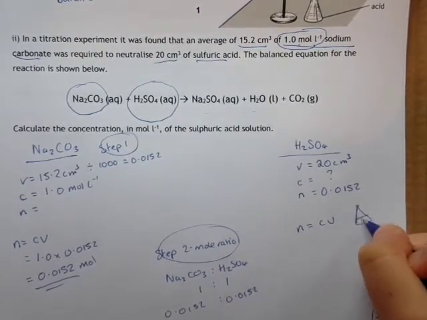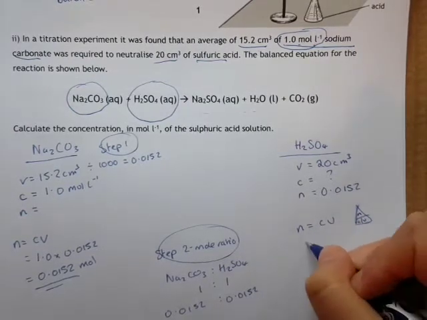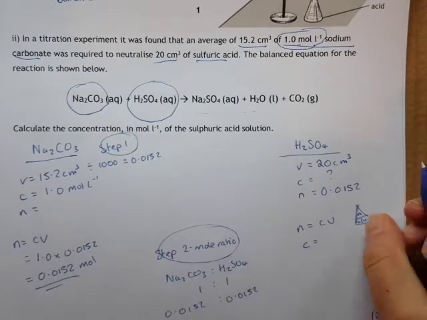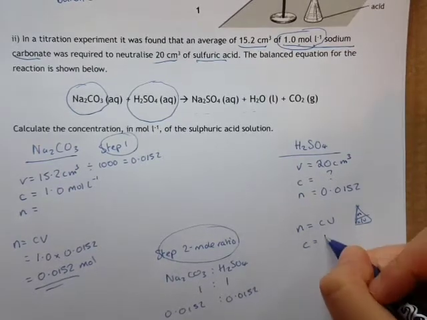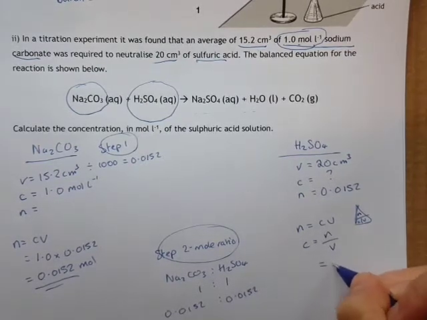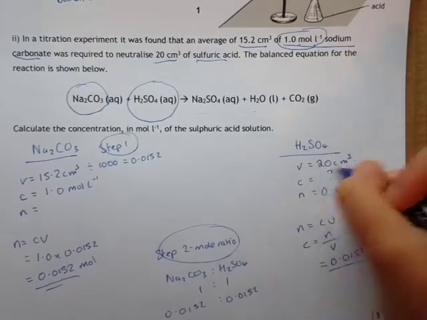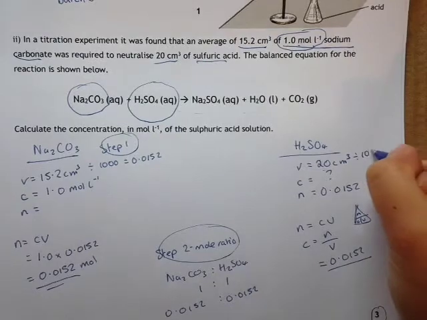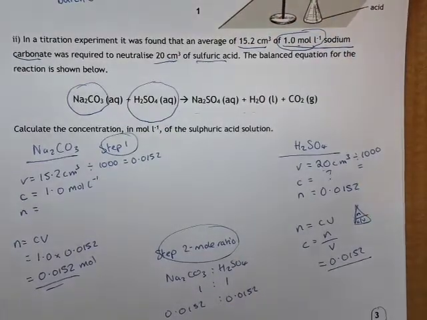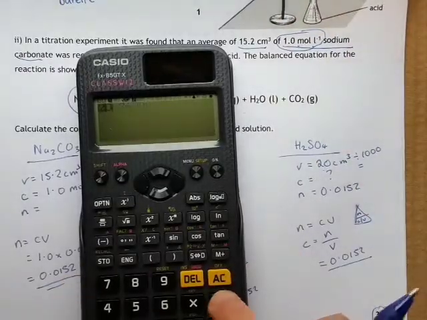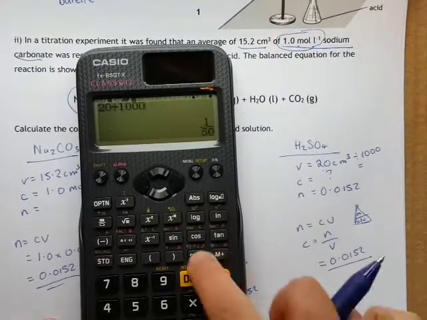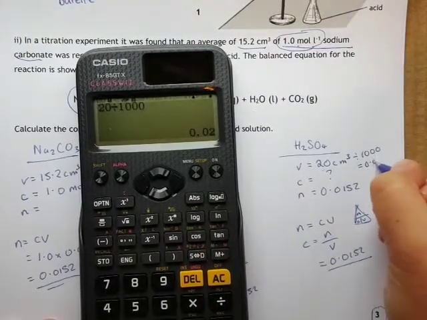Do your little triangle if you want. n is on its own, so n must go on top. n is CV. Concentration must be, therefore, number of moles divided by the volume, which is going to be 0.0152 divided by, not 20, because we need to convert to litres, 20 divided by 1,000, 0.02.